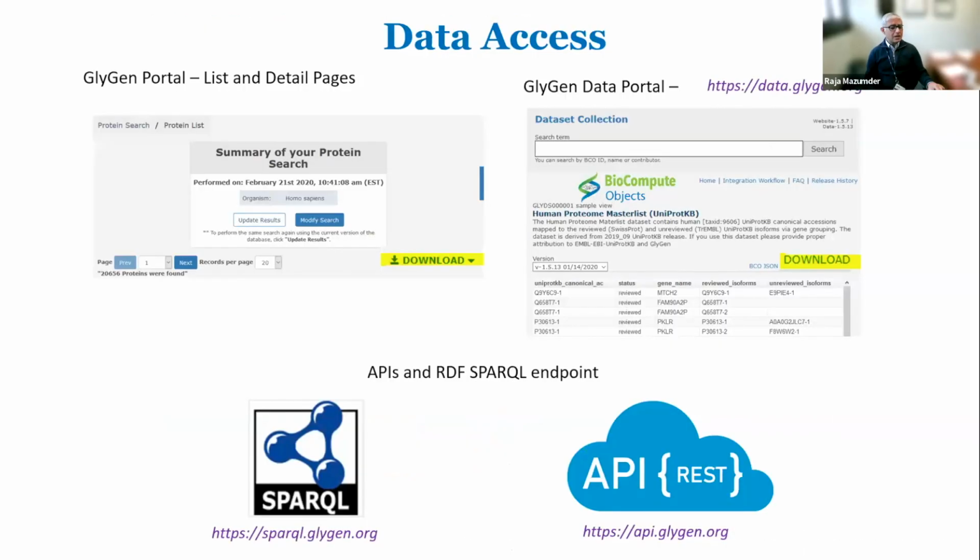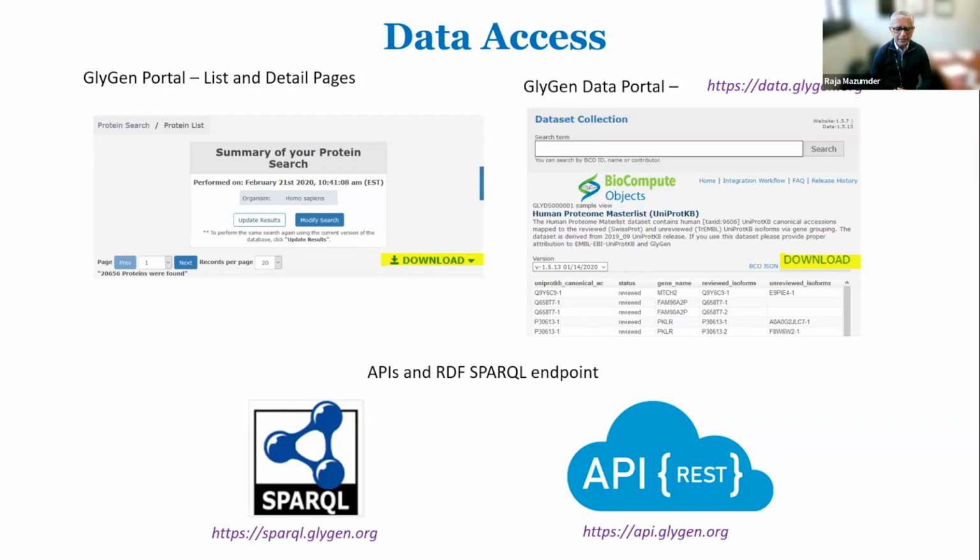So having said that, some of you are informaticians, so you might be interested in getting the data and writing your own scripts. So there will be some discussion about that in the workshops later on. So the GlyGen portal will give you the information that I showed you so far. There's a SPARQL endpoint. We also have a portal where we organize any data that we get.